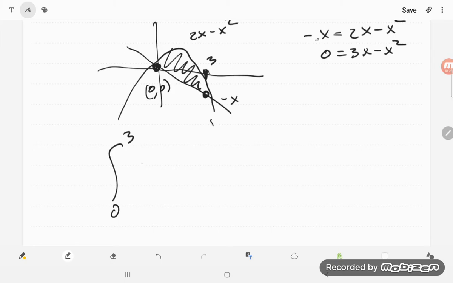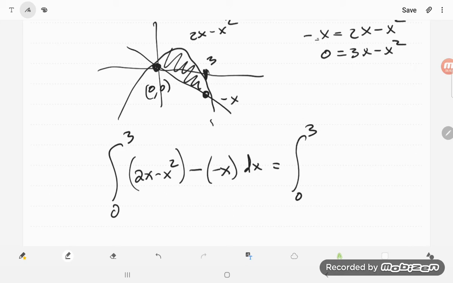The top function is our 2x minus x squared. The bottom function is minus x dx. And so this is the integral from 0 to 3.